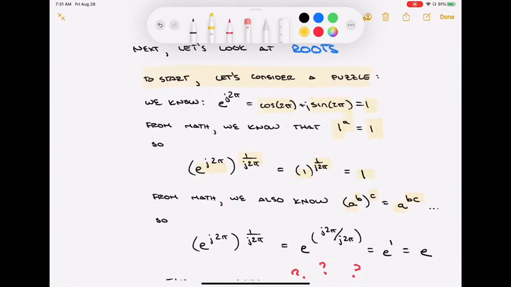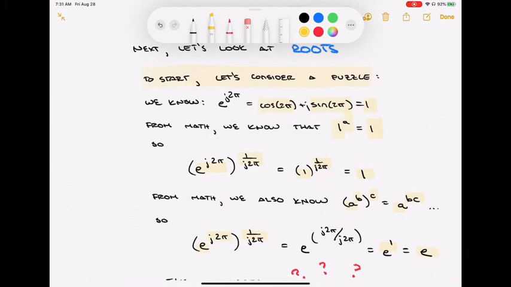We had a base e, raised to a power j2π, and we raised that again to the power 1 over j2π. This other math fact suggests that I should be able to write this as e raised to the product, j2π over j2π. Well, j2π over j2π is just 1, so that should give me e to the 1, which is just the number e.